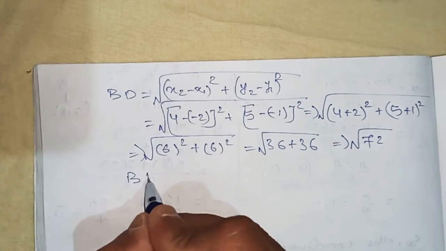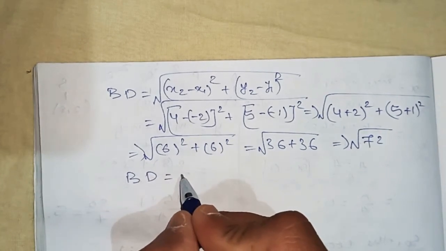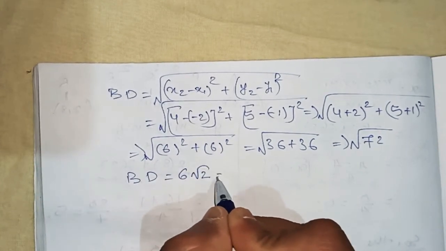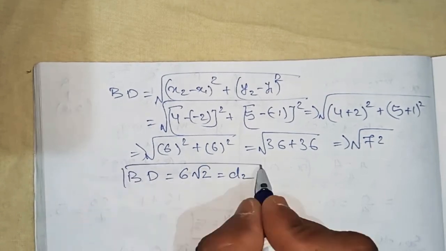So the value of BD is root 72. We can take it as 6 root 2. We can assume that this is d2.